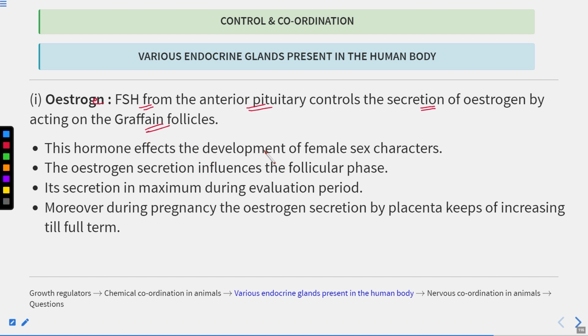This hormone affects the development of the female sex characters, and estrogen secretion influences the follicular phase. All right, its secretion is maximum during the ovulation period. Moreover, during pregnancy, the estrogen secretion by the placenta keeps on increasing till full term.